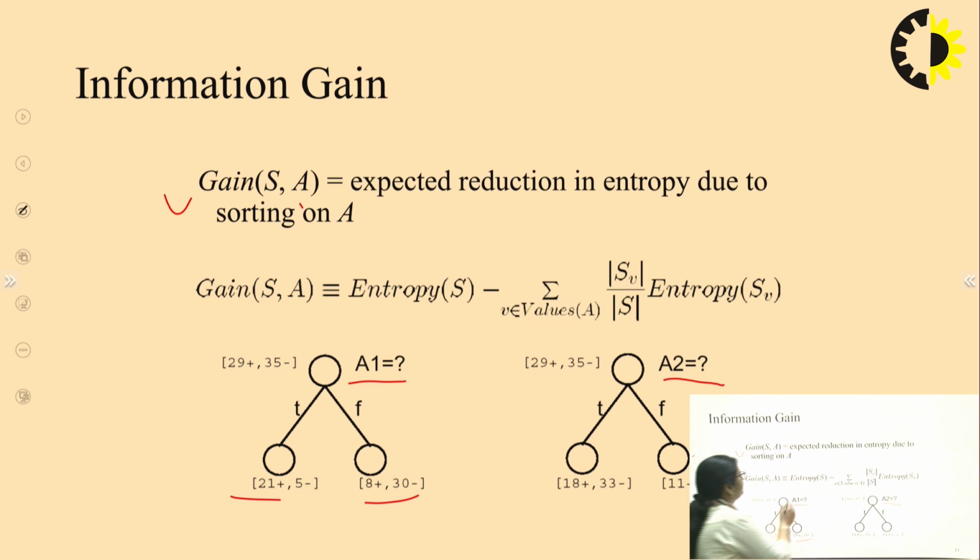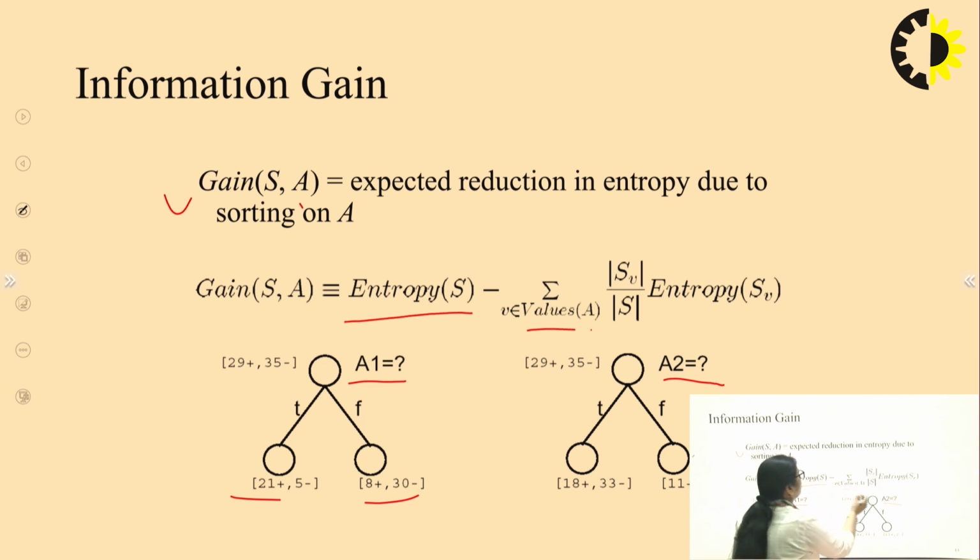The information gain is the entropy of S minus the summation over all the possible values V belonging to values of A, of the number of examples having the value V divided by the total number of examples in our data set, multiplied by the entropy of this particular subset having the value V for the attribute A. So we find the gain.